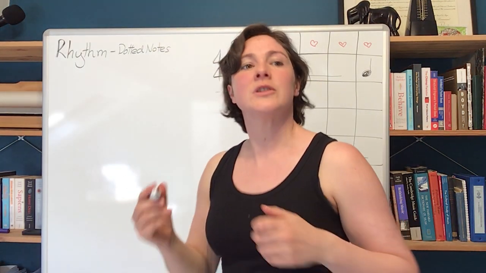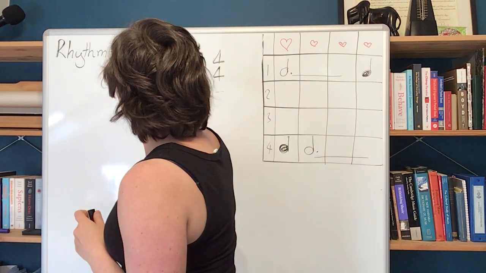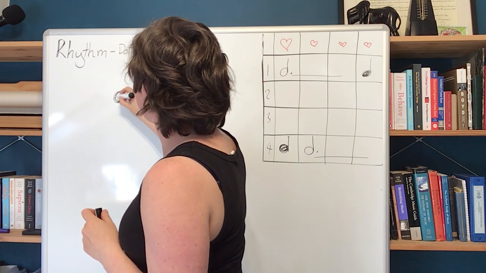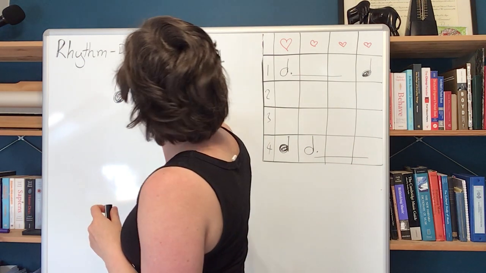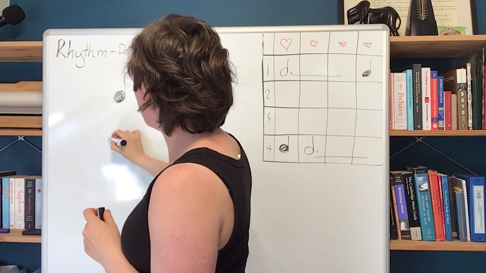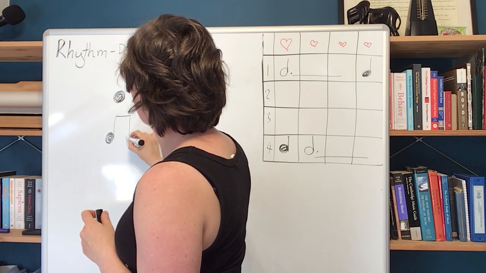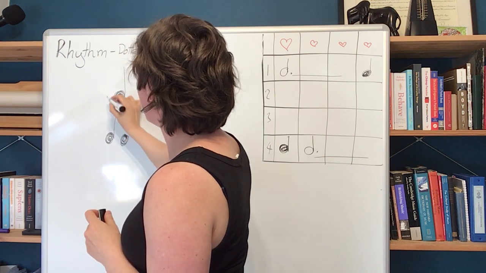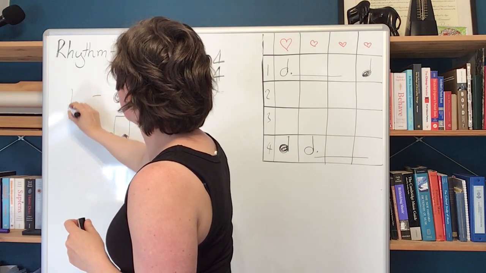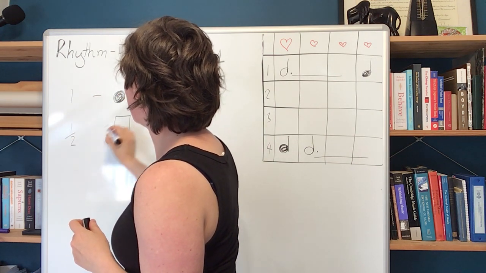So we've got a crotchet or a ta, and into that ta fits 2 TTs. Remember, this is 1 beat, and these ones, each one is half a beat.